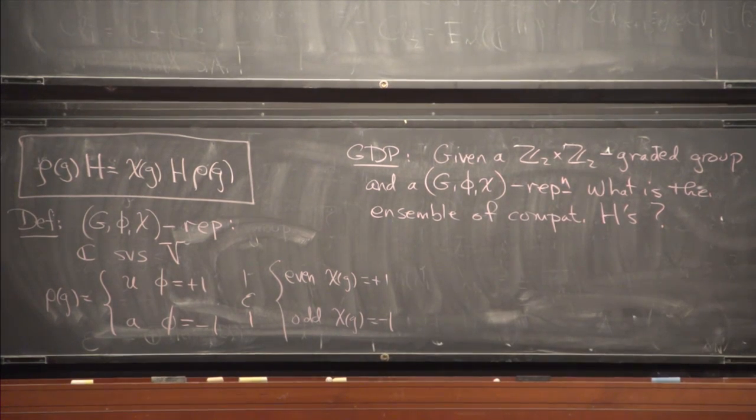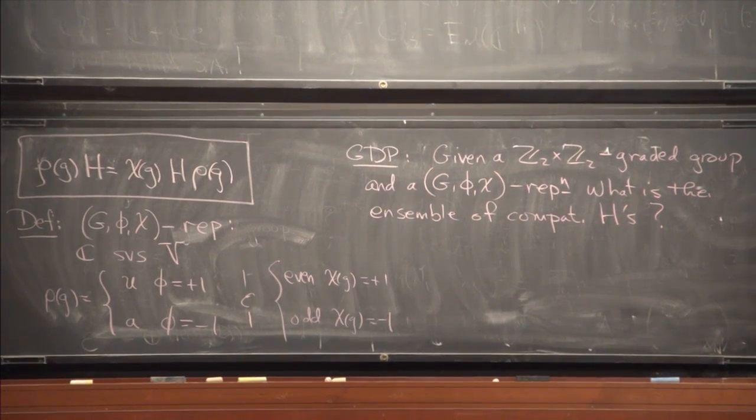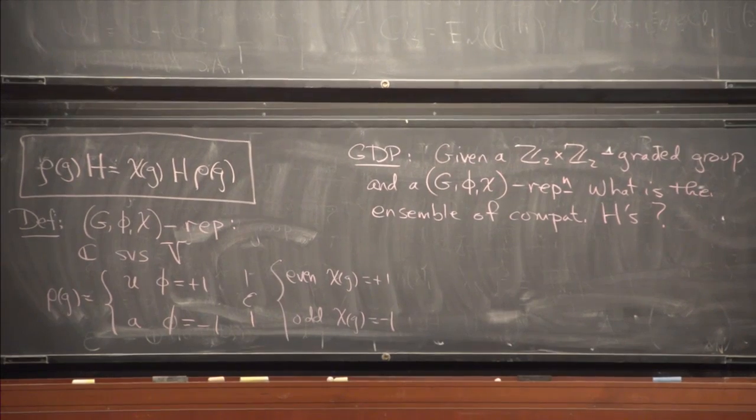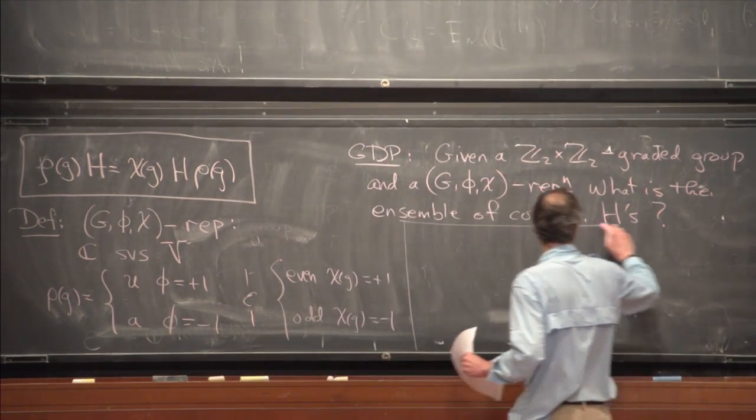Okay, so I hope that's a clear generalization of what Dyson asked. And now we are, again, all set up to answer it. And we can answer it pretty much the same way as we answered it before.